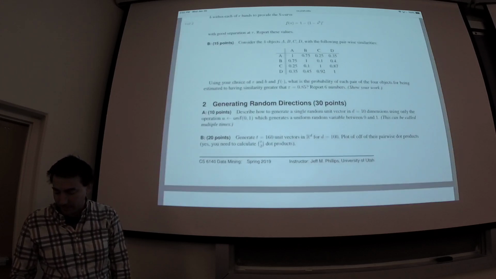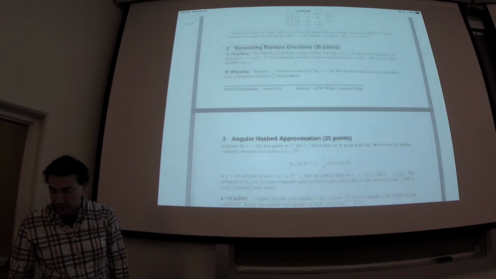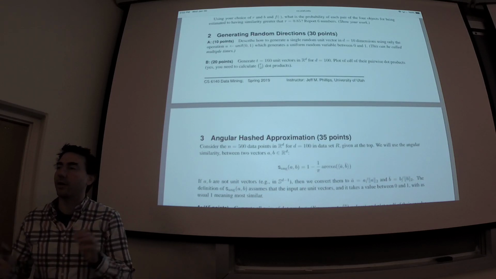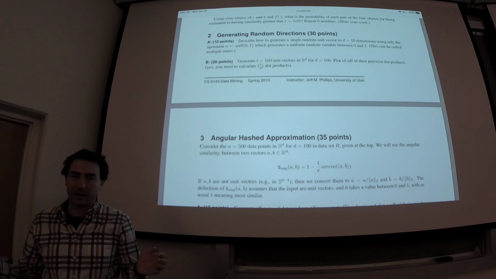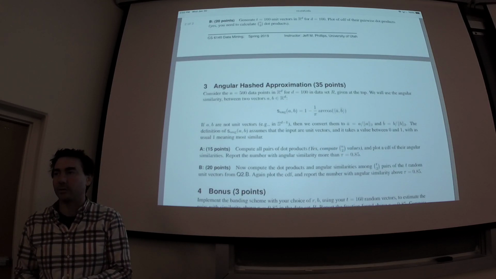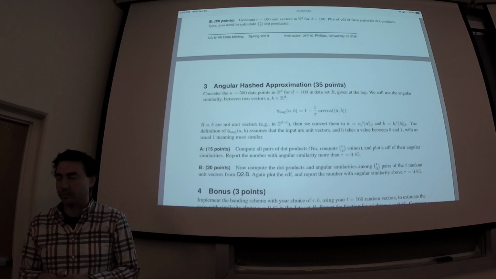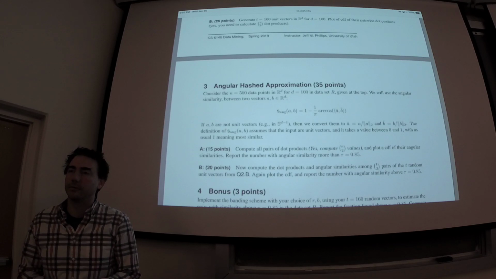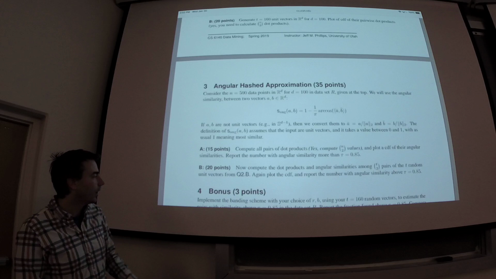And then the other parts are about generating some high-dimensional vectors, like we talked about in class, and then doing some stuff with the hashing for the angular LSH.